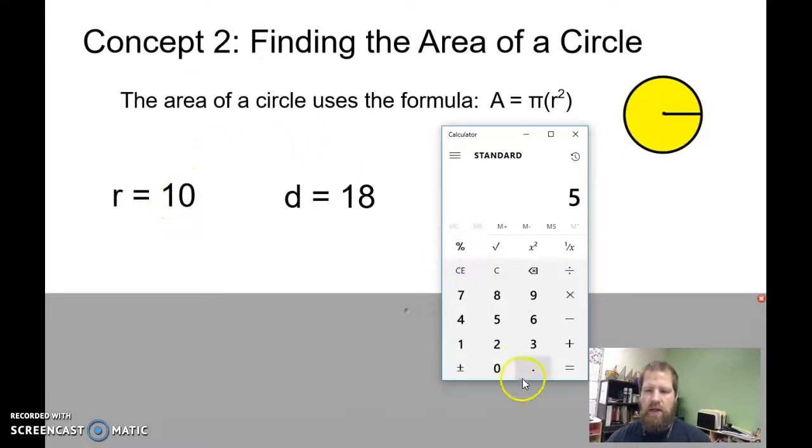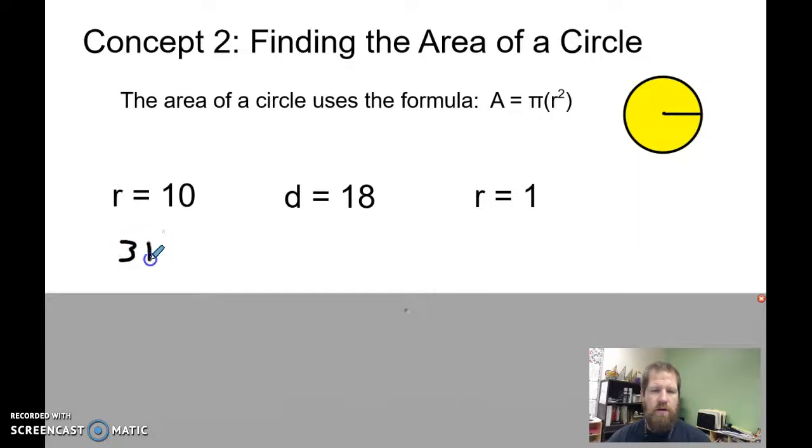I've got my radius of 10, I'm going to square that, it's 100, and then I'm going to multiply by 3.14. I get 314 square units, whatever they are, we'll say inches. That would be the area of my circle with 10 inches as its radius.